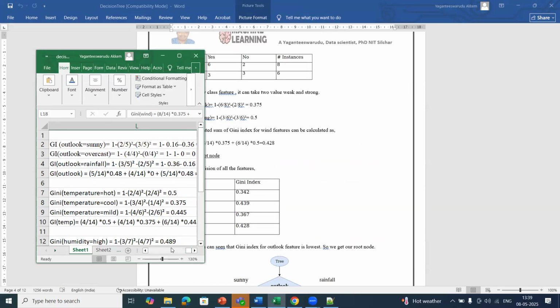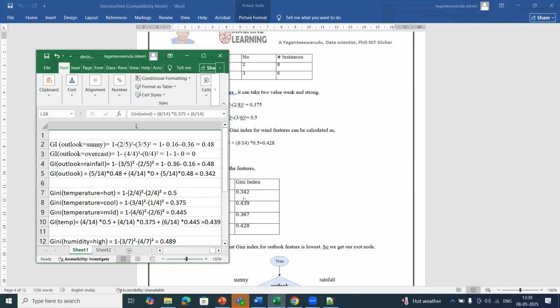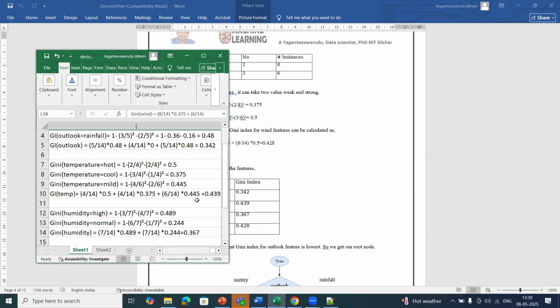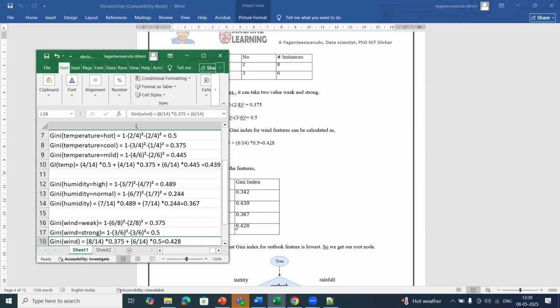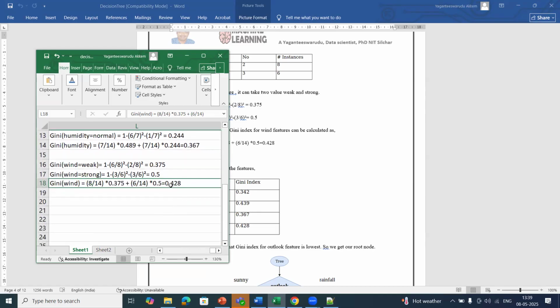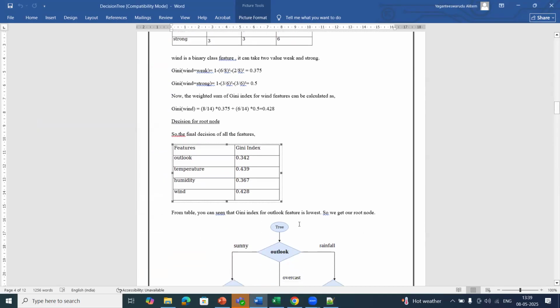So Gini index for Outlook is 0.342, and Gini index for temperature is 0.439. Gini index for humidity is 0.367 and Gini index for wind is 0.428.